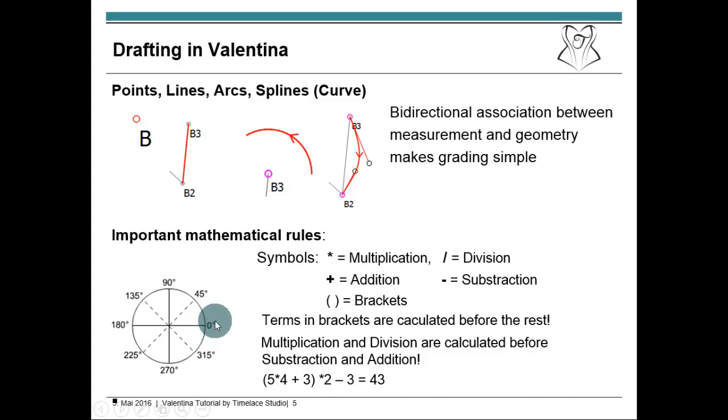So we have 0 degrees on the right, 90 degrees, 180 degrees, and 270 degrees. The symbols used in Valentina are shown here. You have multiplication, division, addition, subtraction, and the brackets. You can use a lot more mathematical symbols in Valentina, but these are the most important ones.